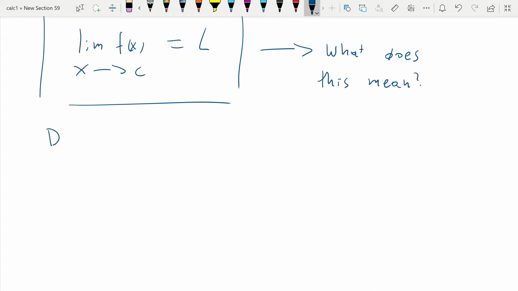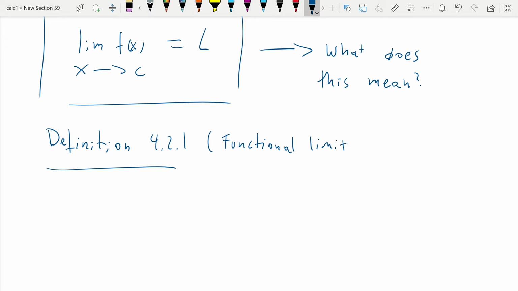So this is the definition, 4.2.1, functional limit.